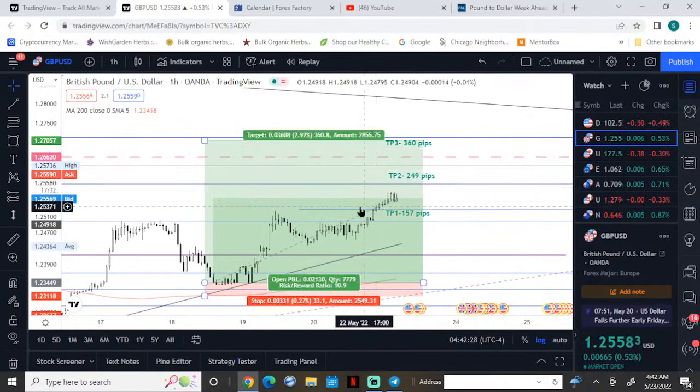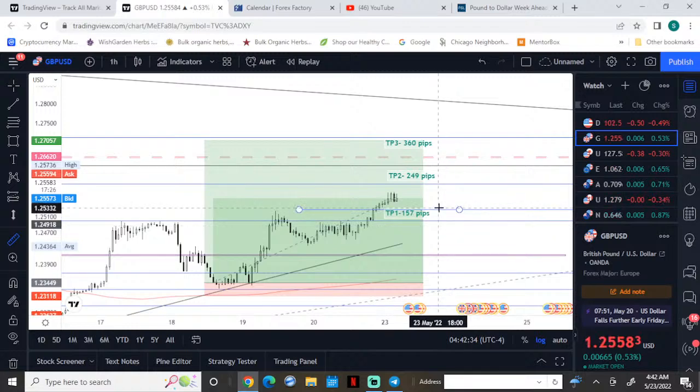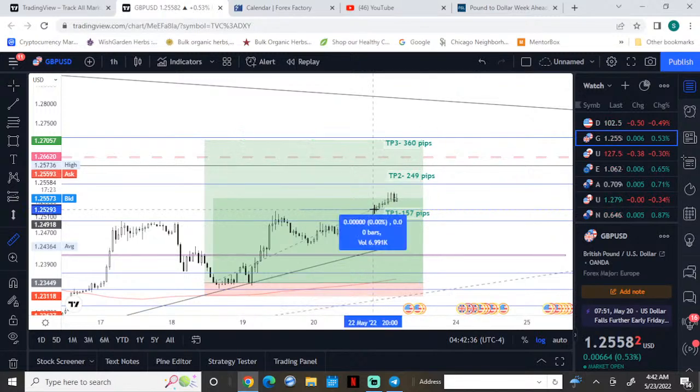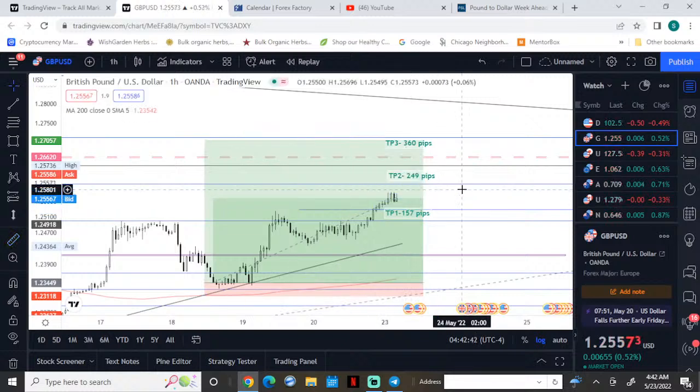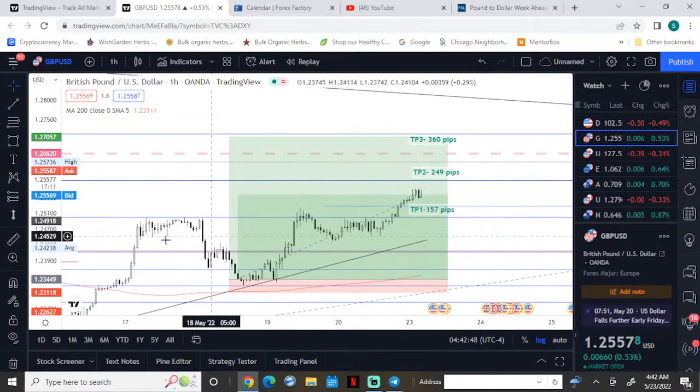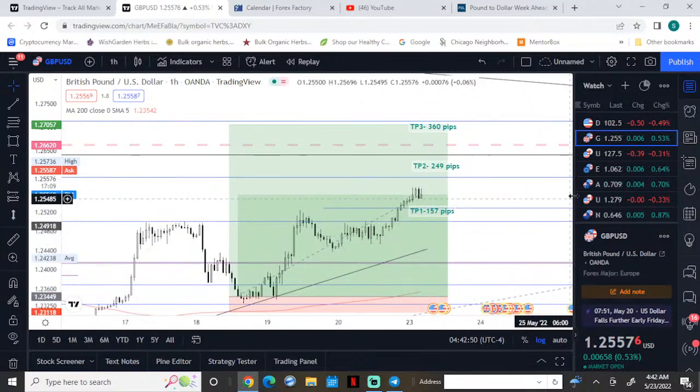Even though I did get 150 pips, yesterday the market opened, it gave out, what is this, 50 more pips? That's 200 pips, so I would like to catch that. Not being greedy.